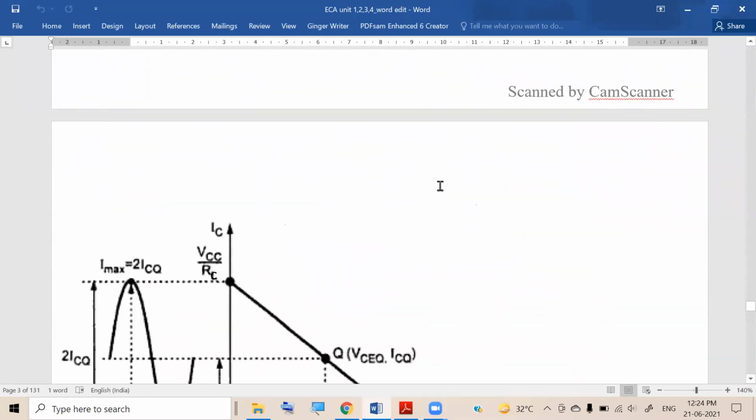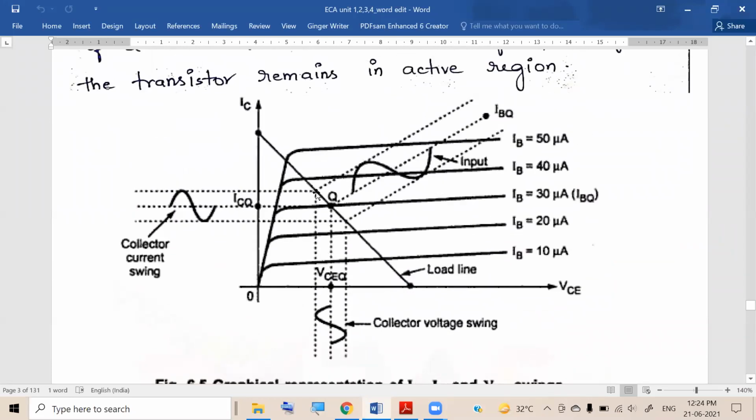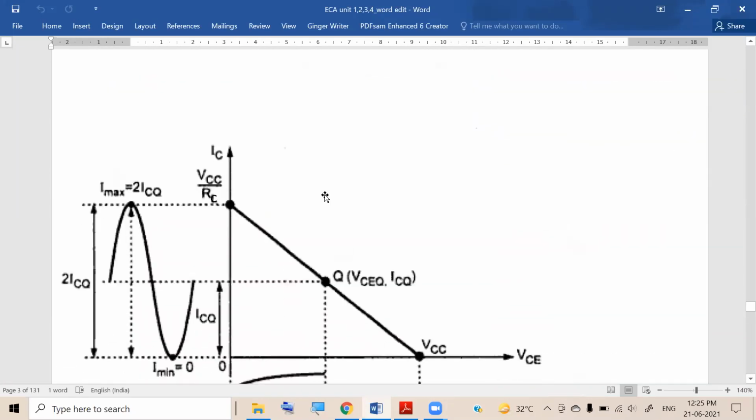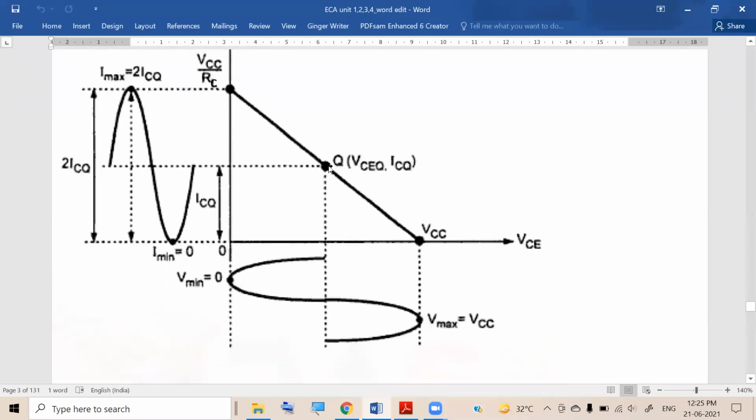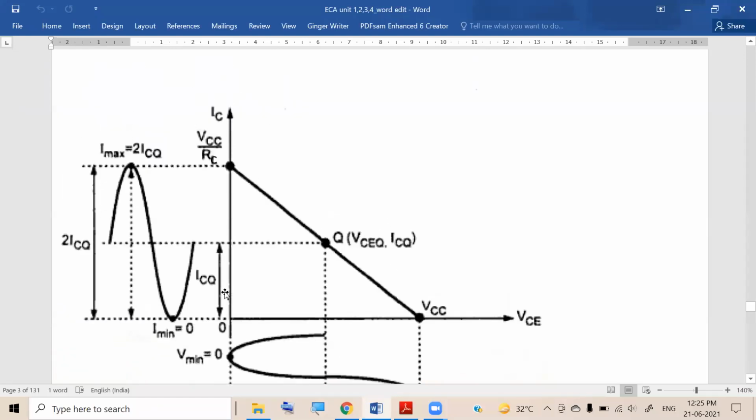So we have discussed that when we are operating at the center of the load line, see, center of the load line means we are operating here. Based on the input signal, the output signal will get like this. So the maximum VCE swing along the x-axis is VCC. Of course, minimum is 0, right? Likewise, the maximum IC swing, which is along the y-axis.